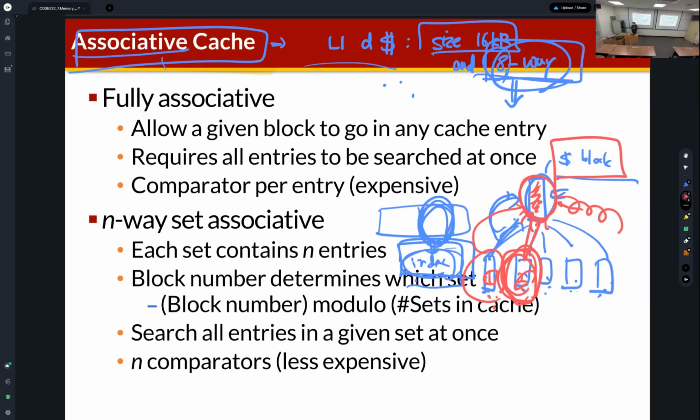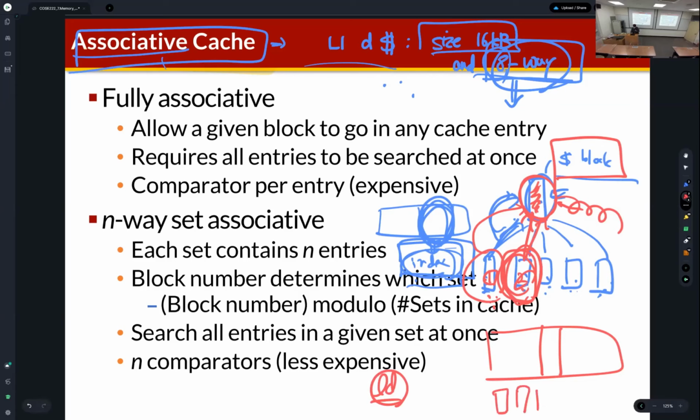Right. But the worst case is that the cache has many blocks, but the load instructions require several blocks that should all be mapped to the same cache block.